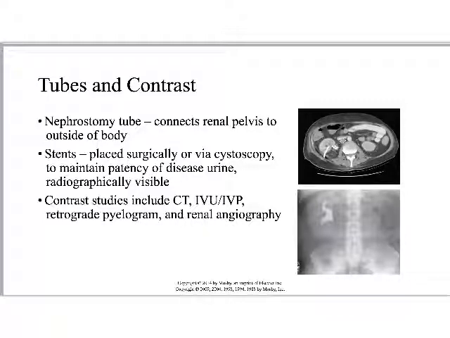You don't see any contrast in the renal pelvis. You don't see any contrast in the ureters. You just see contrast in all those glomerular capsules, all those Bowman capsules out there in the renal cortex. Sorry, the name slipped my mind for a second. So you just see contrast in the cortex. That is any kind of angiography, looking at the arteries feeding into the kidneys and those functional units.